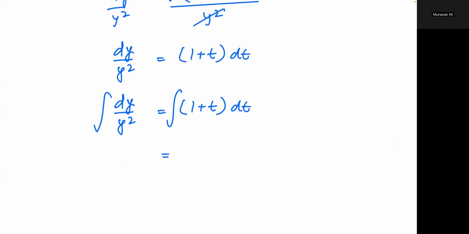Substitution on the right hand side? Why? You simply integrate 1 and then you integrate t. You can separate: the integral of 1 is t, the integral of t is t square over 2, plus obviously a constant of integration.